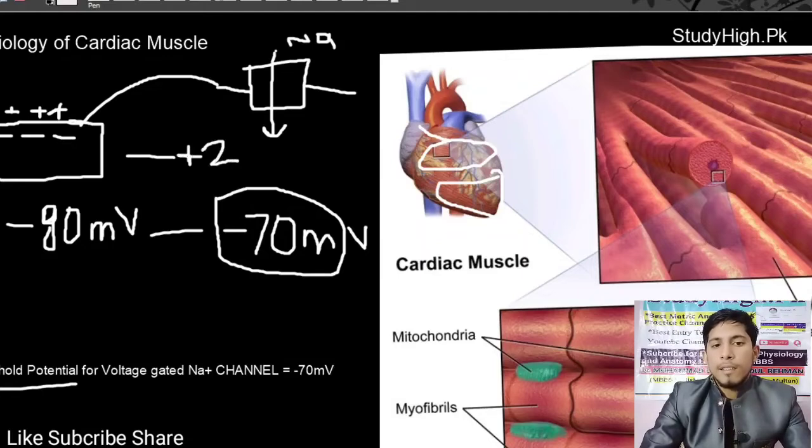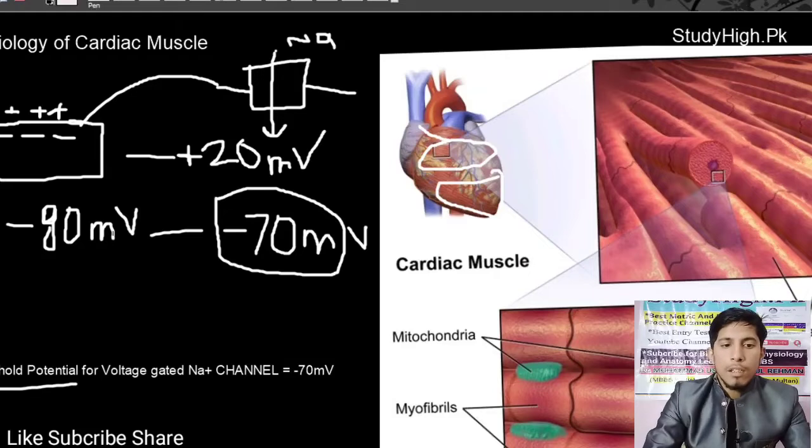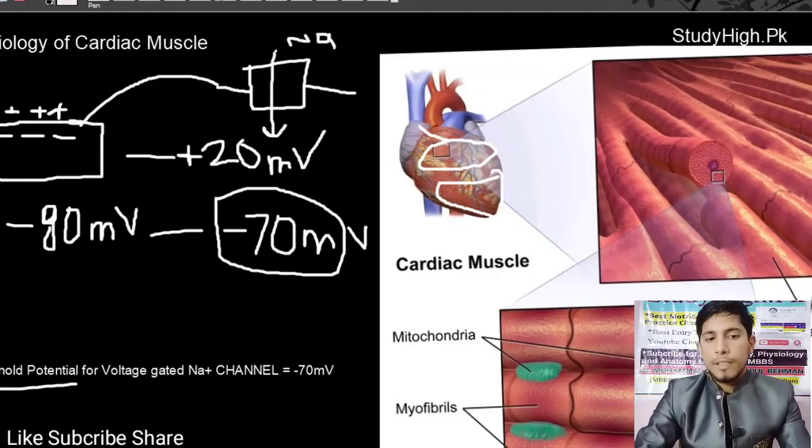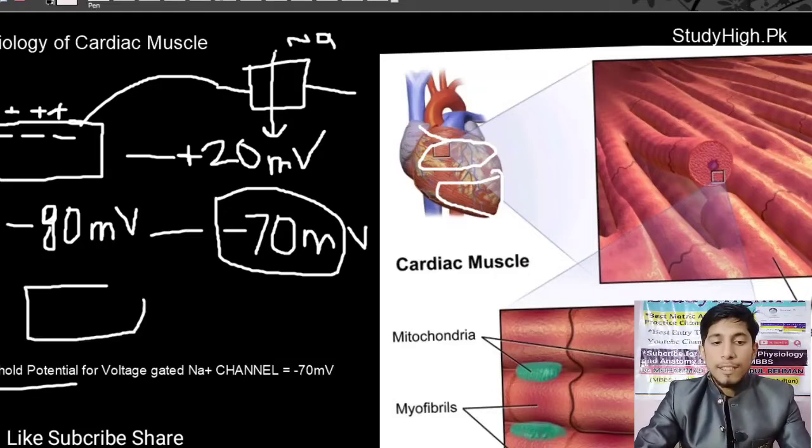And you will say that you have completed the generation of action potential, and the inside has become plus 20 or positive. When action potential is generated, the inside of the cell will be positive and the outside of the cell will be negative. Why does the inside of the cell become positive? Because a large number of sodium ions have been transported from the extracellular matrix into the cell.